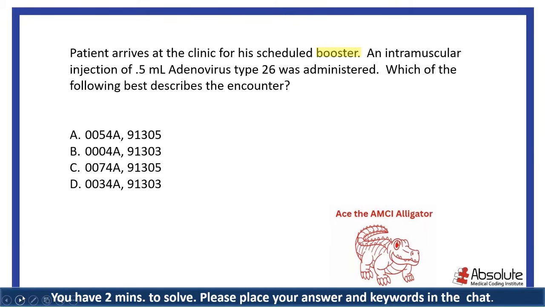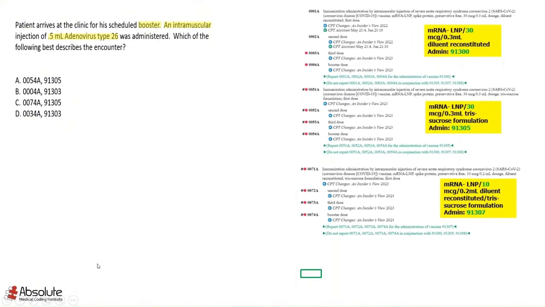So we have a patient who has arrived for the booster dose and he had an intramuscular injection of 0.5 ml adenovirus type 26. So let's quickly look into the code options. You can see I have chunked my entire CPT code section here.